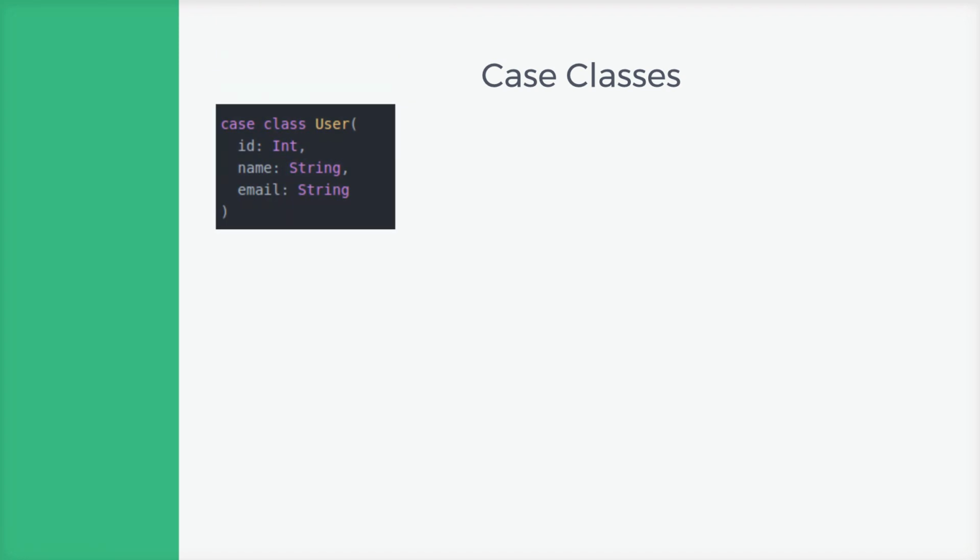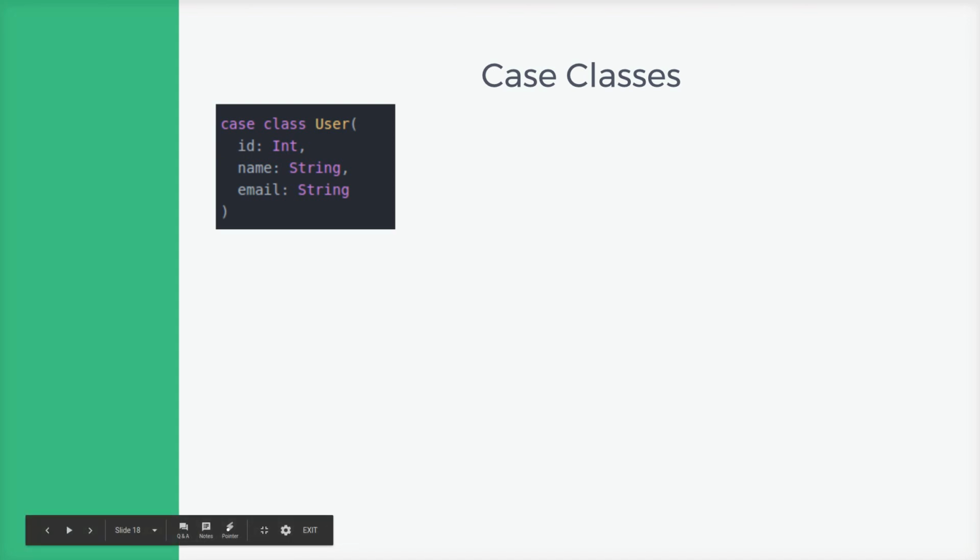Now, starting to talk about case classes, the way for defining a case class is prepending the case modifier, and for every attribute of the class that you are declaring, you are not required to write a modifier like val or var.